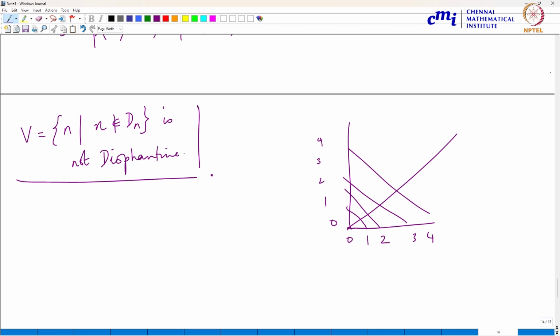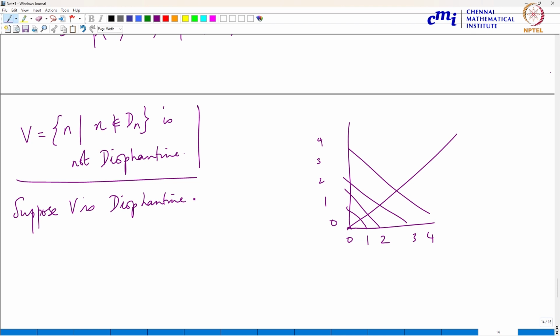Suppose V is Diophantine, then what do you do? Remember what we had: V has to be Dk for some k, because that was a listing of all Diophantine sets.